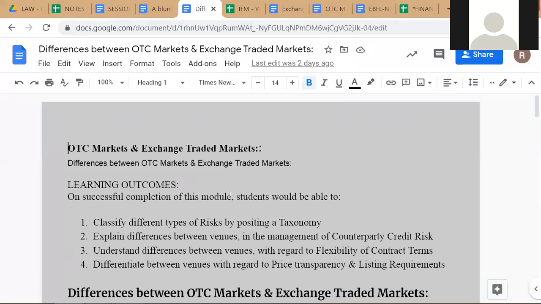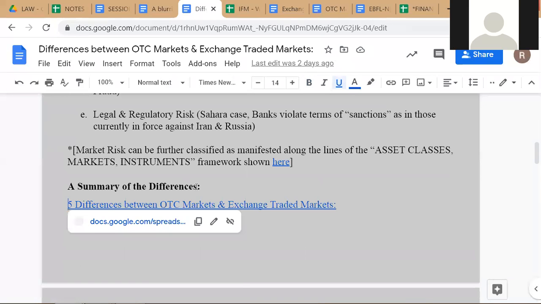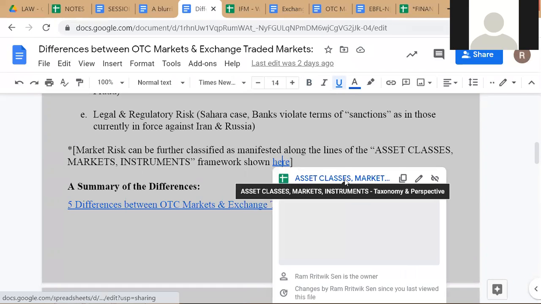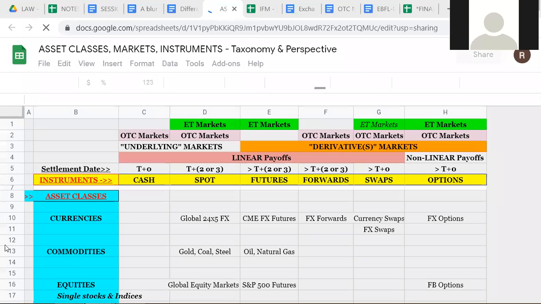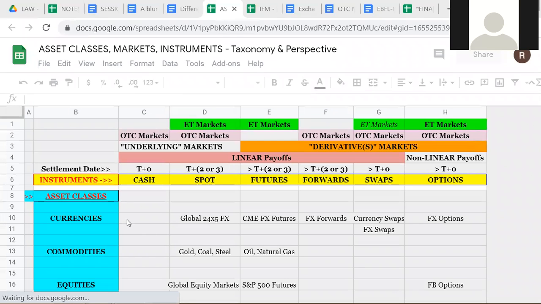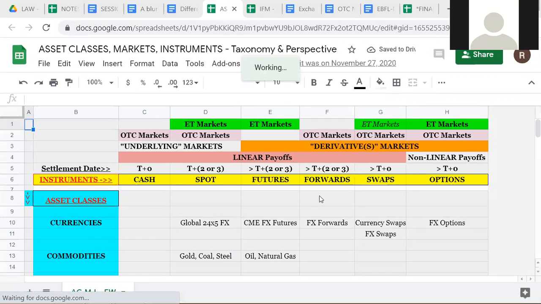So you remember that framework that we used earlier, right? In this framework, as you can see, futures are purely listed as ET markets instruments, and forwards are listed as OTC markets.